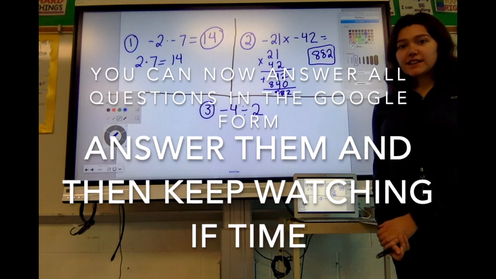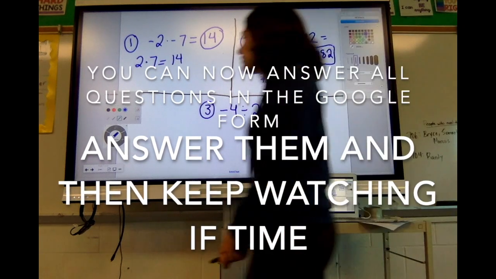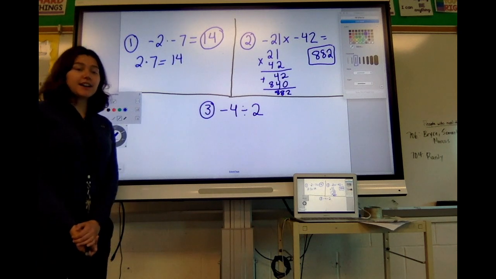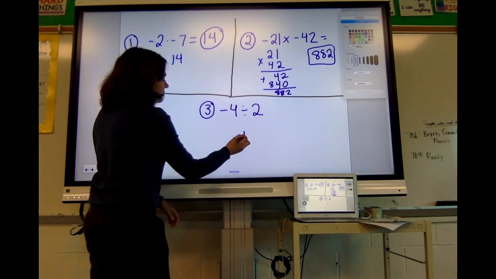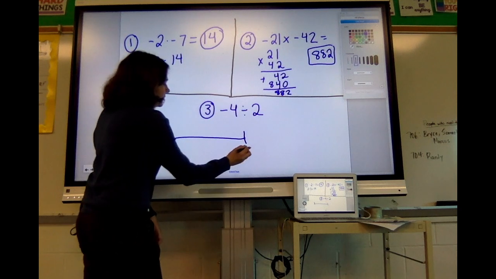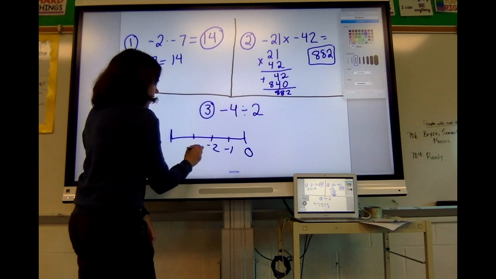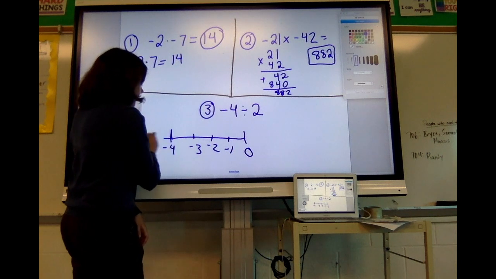And then finally, thinking quickly about a division question, we have negative 4 divided by 2. I want to try to represent that so we can get the answer. So this is my number line.